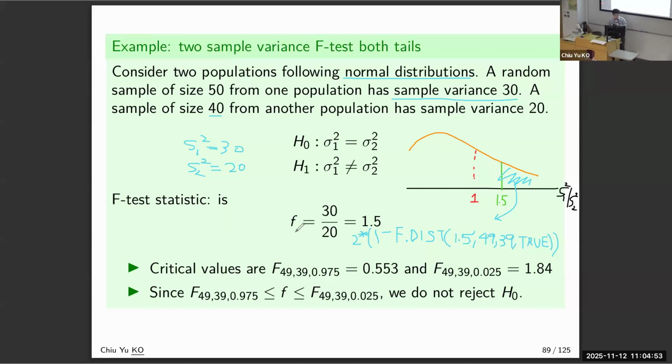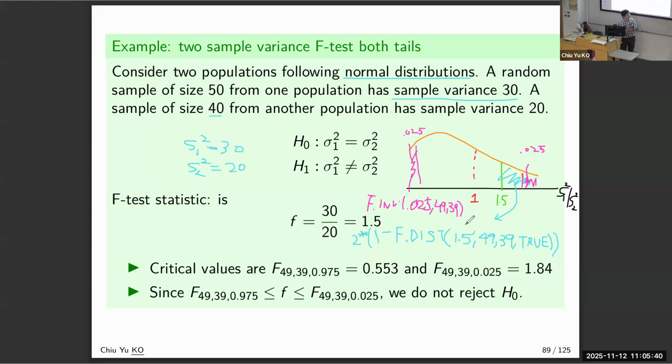What we're asking is to look at 0.025 on each tail.